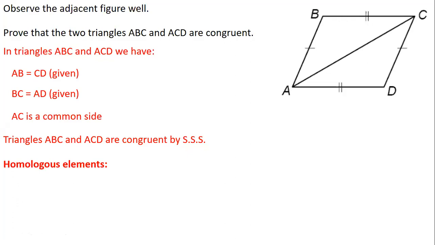Can you name them, please? Angle ABC equals angle CDA, and angle BAC equals angle CAD, and angle DCA equals angle BCA. Yes, so these are the homologous elements. The three angles in the first triangle will be equal to the three angles in the second triangle.